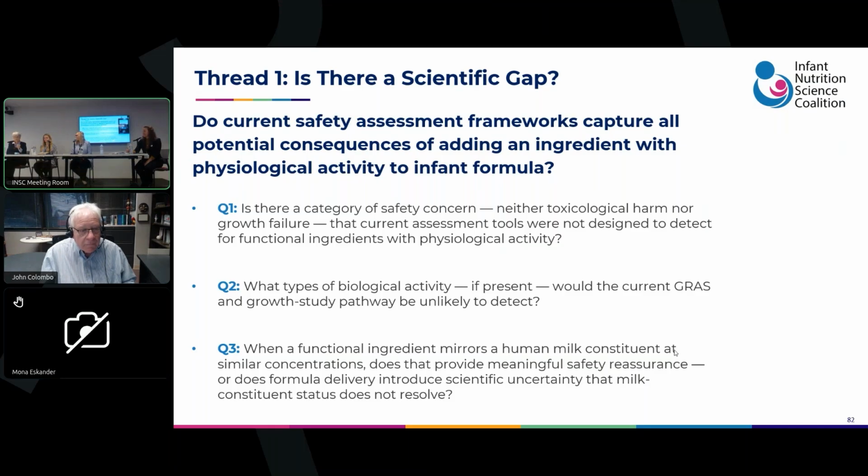From the summaries that were going on, I had written in my notes, what is the justification for adding a novel ingredient? We say, okay, it's in human milk. That might start you on the path, but it's not sufficient. So it is there, and then you might ask, what's its function in human milk? And if you know what that function is, what's its ability to mimic what happens with human milk?